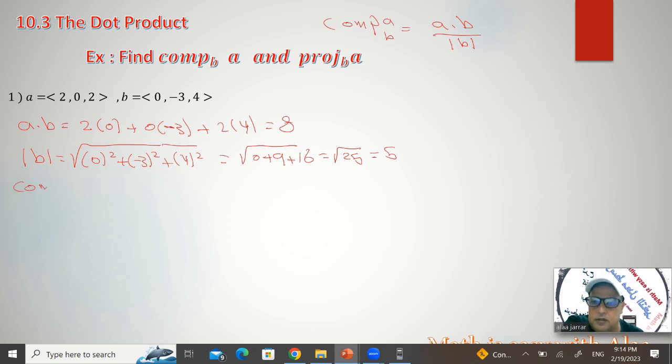Then the component of A along B equals A dot B, 8, over the magnitude of B, 5.